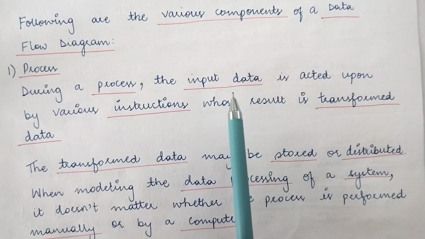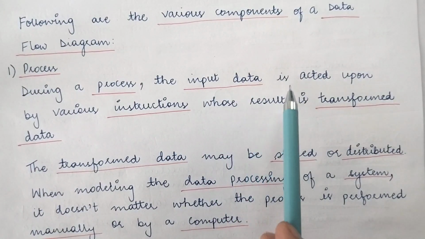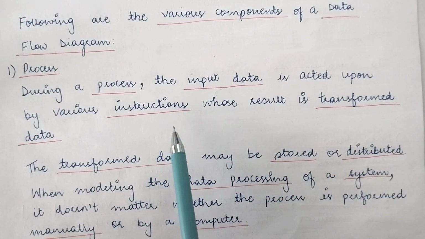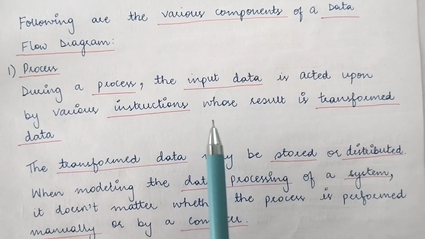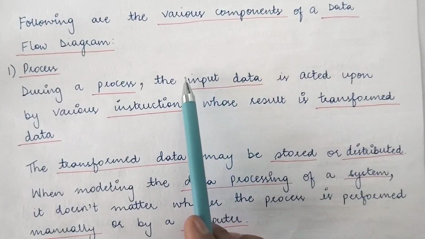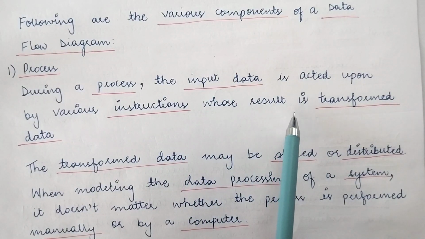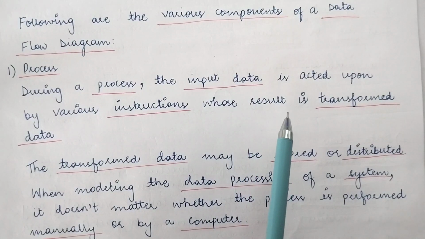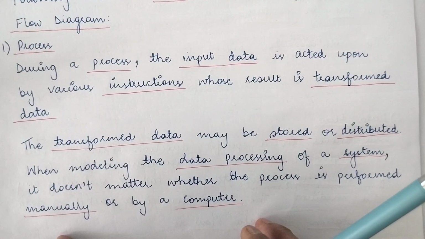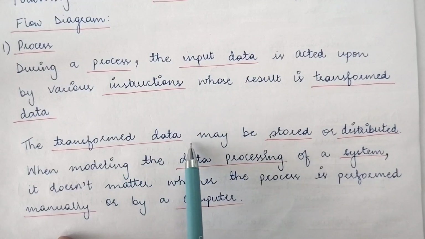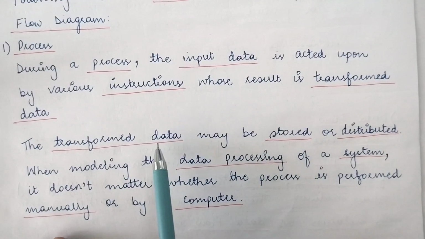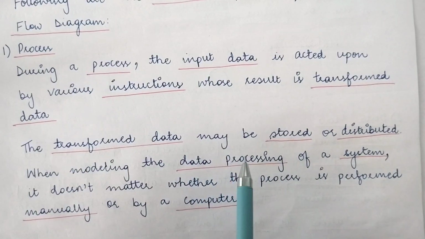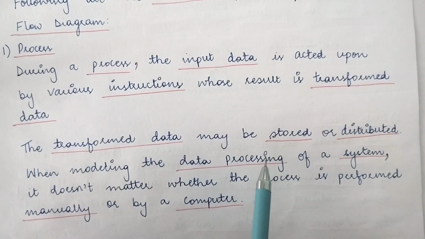Whatever input data has been provided into the system, that is acted upon or worked upon, or that is processed by a lot of instructions, and the result of those instructions acting upon the input data is that you get some transformed data. That means that raw data is transformed into some result or information. The transformed data may be stored or distributed. Now it depends upon the situation or the requirement. This transformed data may either be stored or it may be distributed.